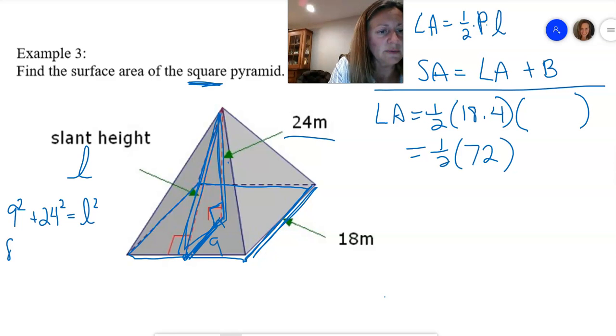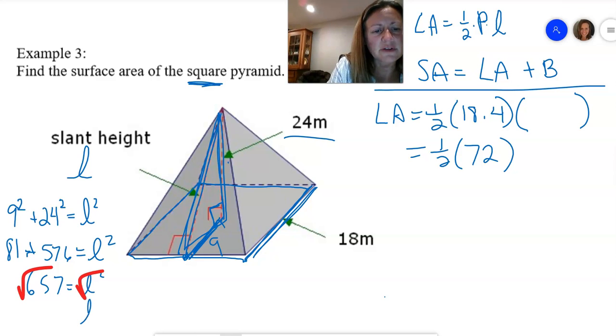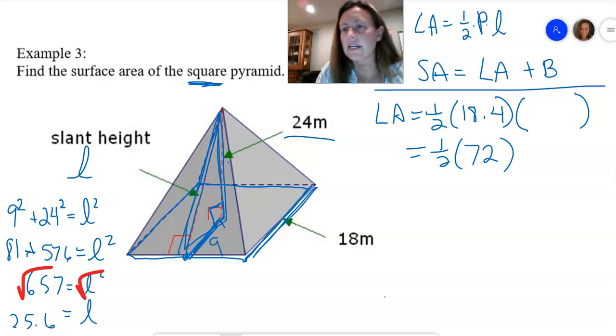So that would be 81 plus 24 squared is 576, equals L squared. 576 plus 81 is 657. Now we take the square root of both sides to get L by itself, and L equals the square root of 657, which is approximately 25.6.